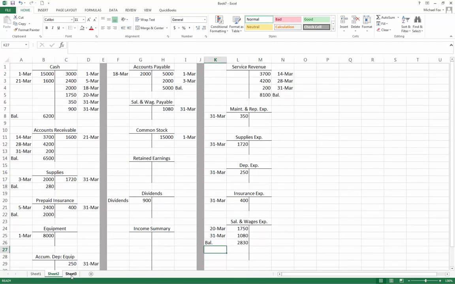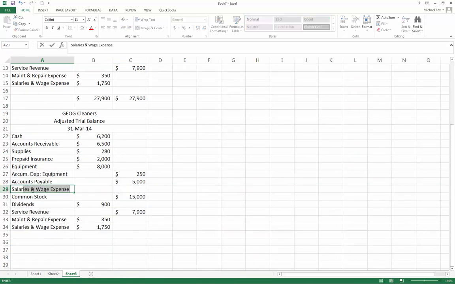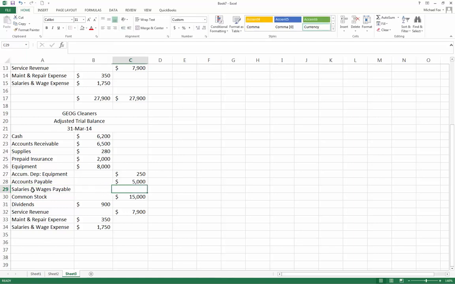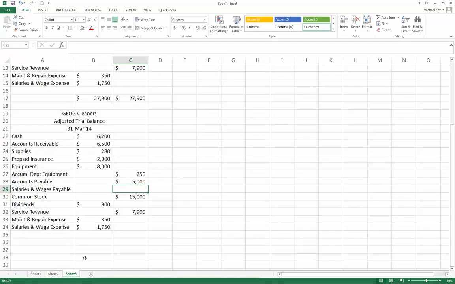Salaries and wages payable $1,080. That one had a zero balance before, so we have to add it. Salaries and wages payable. And again, that is $1,080.